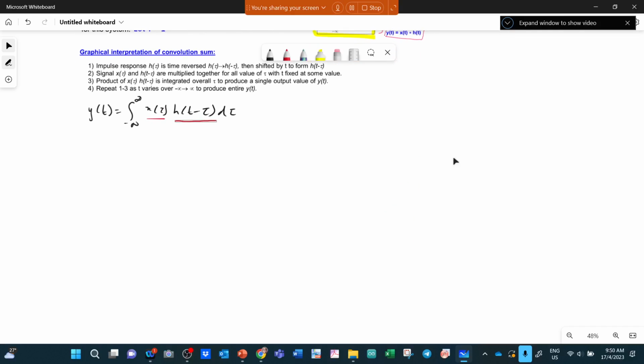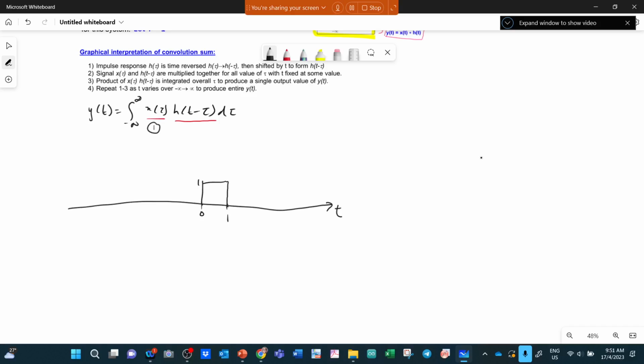So by understanding that, what we are going to do first is draw the graph. You start off by plotting x(t), the fixed signal. So x(t) is from 0 to 1, with amplitude 1.